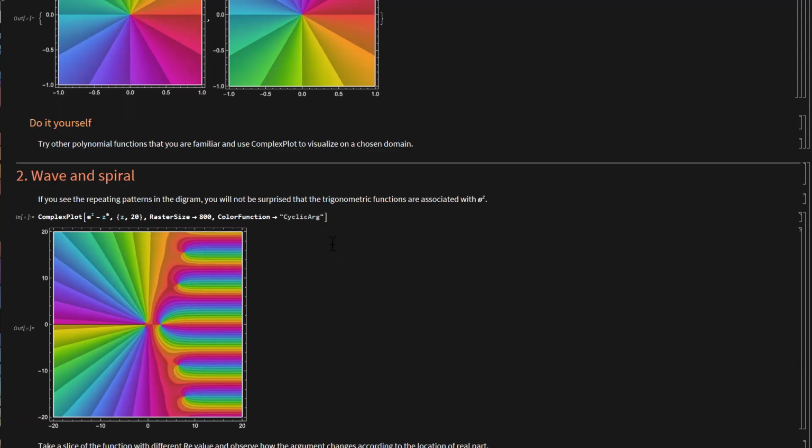The next is, say you have transcendental functions. They will look very different from polynomial and rational functions. One of the reasons is they usually have an infinite number of poles or zeros, or branch cuts. In this case, we have a line that breaks the continuity of the color change. And we also have a list of poles, or a list of zeros, somewhere on the right-hand side of the complex plane.